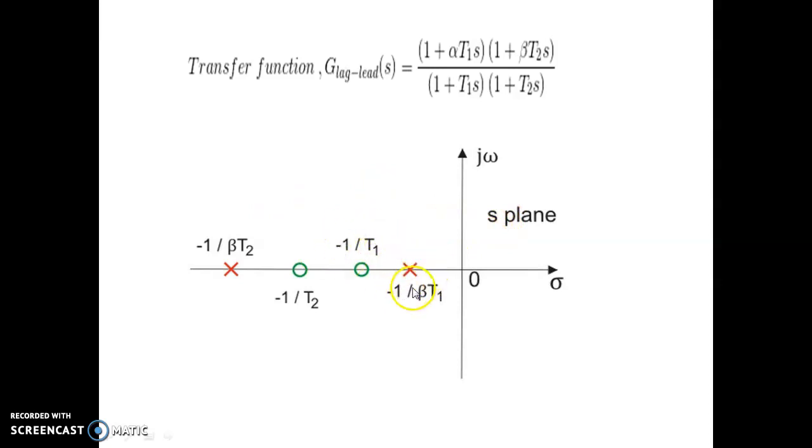Minus T is far, right? So thus we can say that in lag lead compensation, the pole is more dominating than the zero, and because of this, the lag lead network may introduce positive phase angle to the system when connected in series.